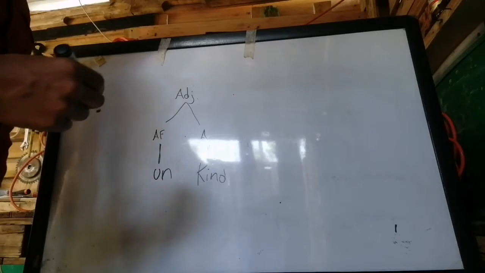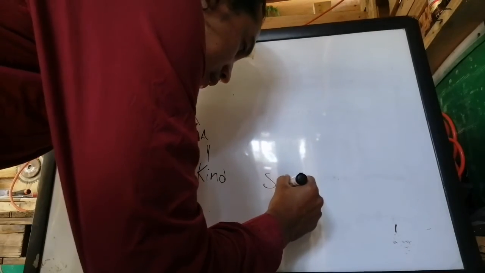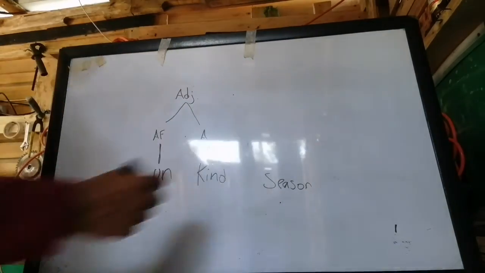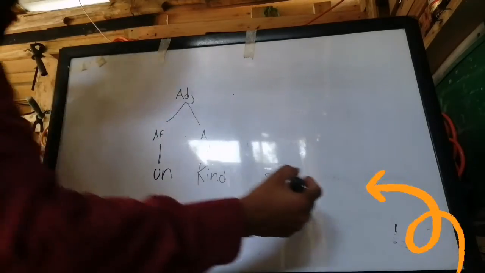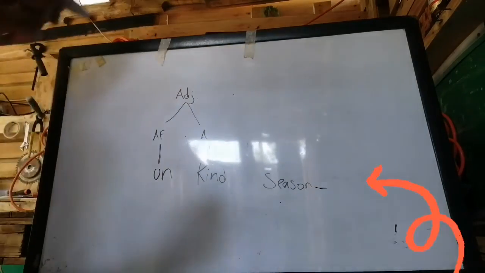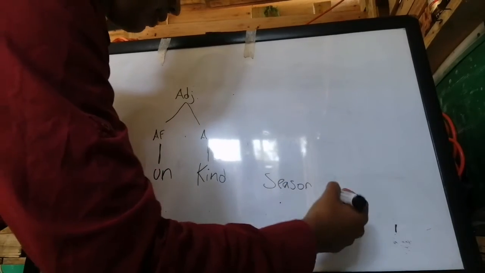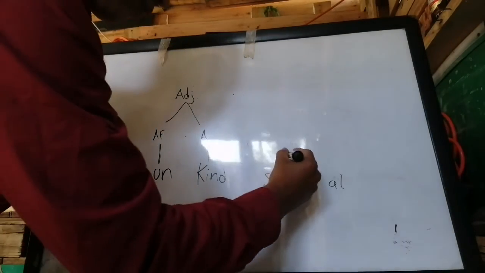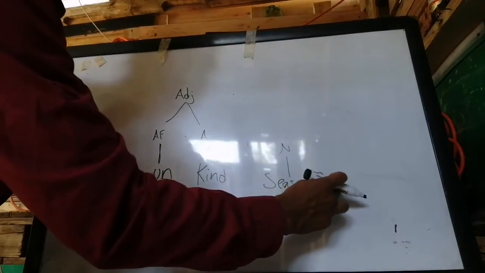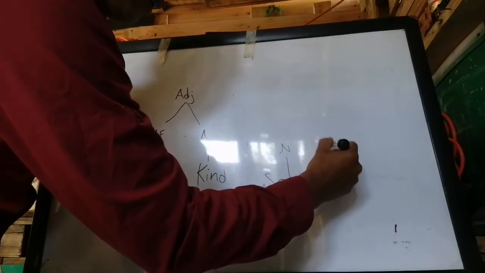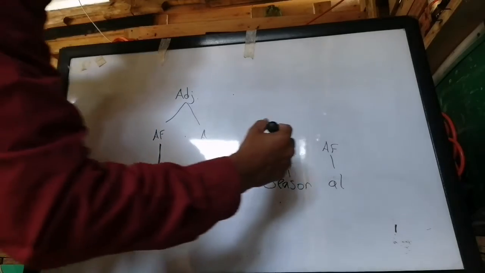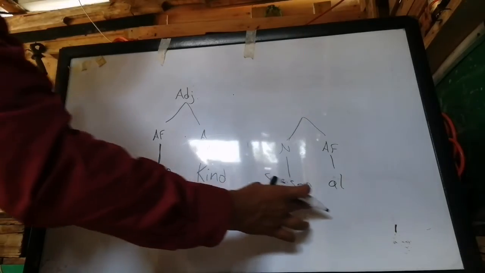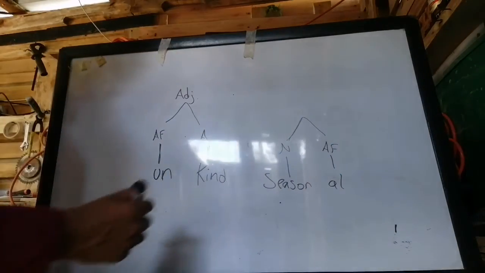So we have the word season, and we are going to add an affix, or more specifically a suffix. Okay, season is a noun, and al is an affix, and together this is going to change to an adjective.